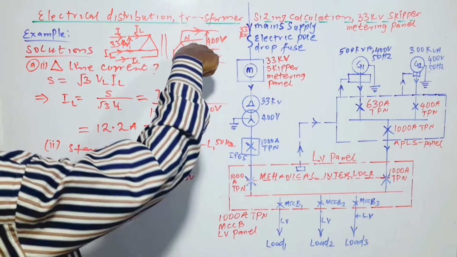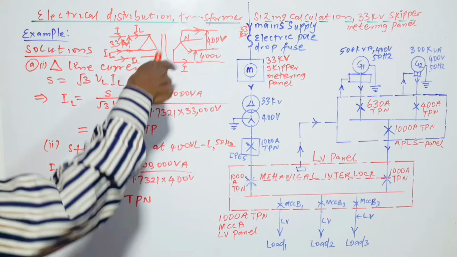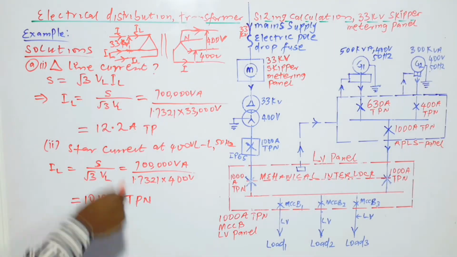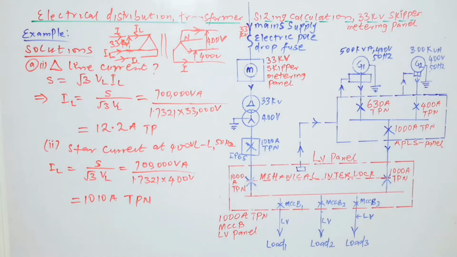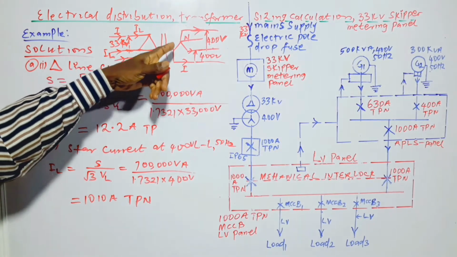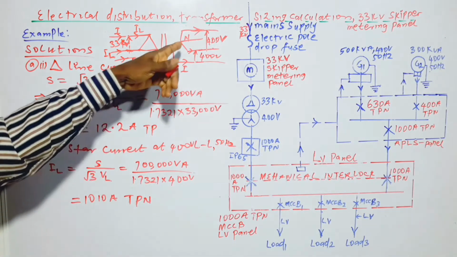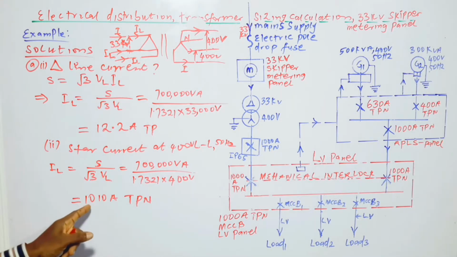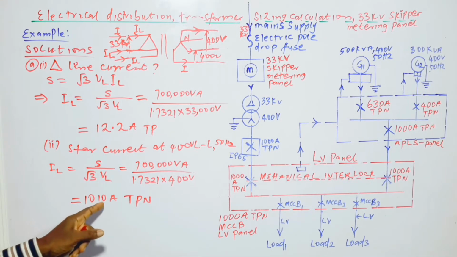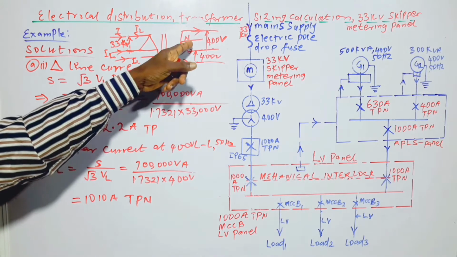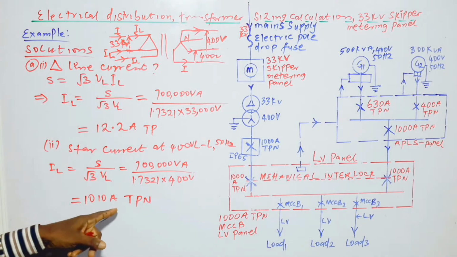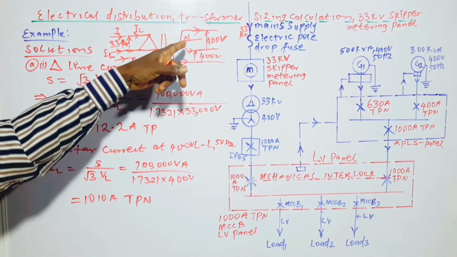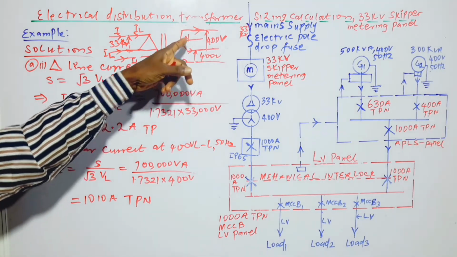We have neutral here. This is the delta. This is the star side. So when we have star, we have neutral points. It doesn't mean that the neutral current is 1010 ampere also. No. For a balanced load system, the neutral current will be 0 in this situation.